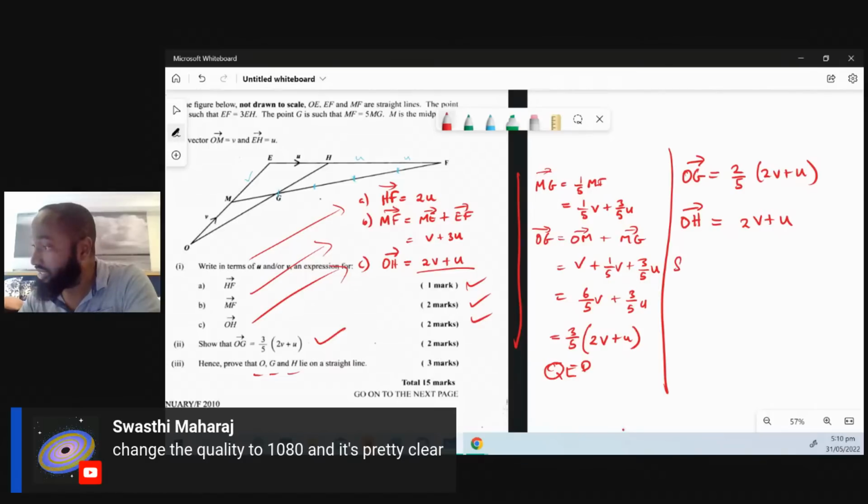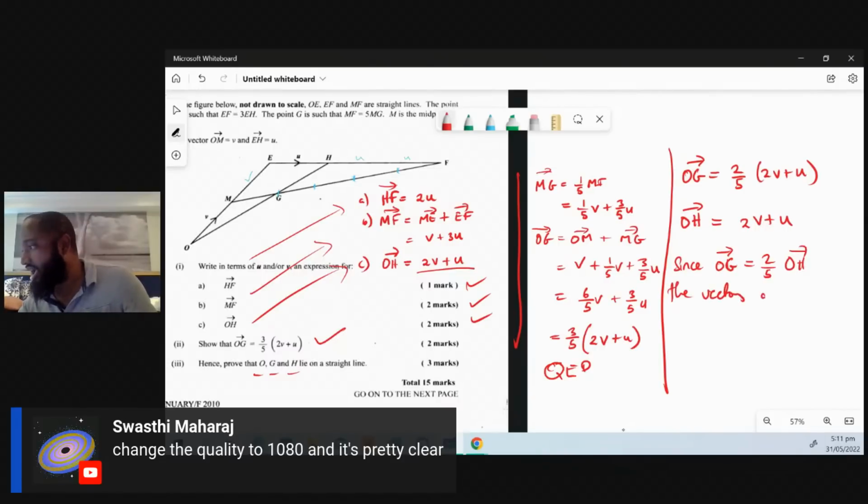So since OG is equal to 2/5 of OH, the vectors are parallel.